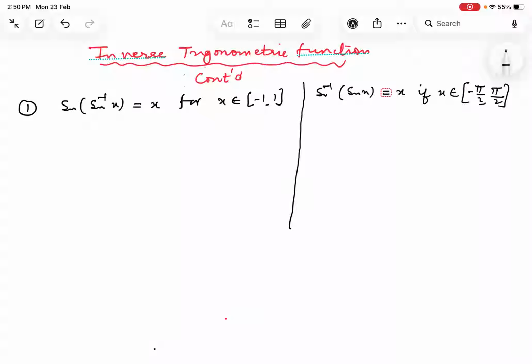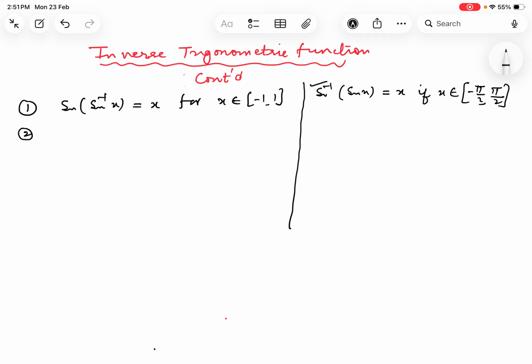Remember, sine of sine inverse x is a number, but sine inverse of sine x is a periodic function.